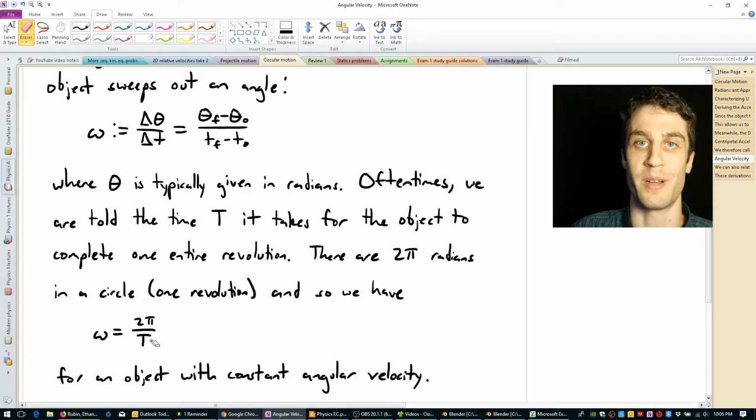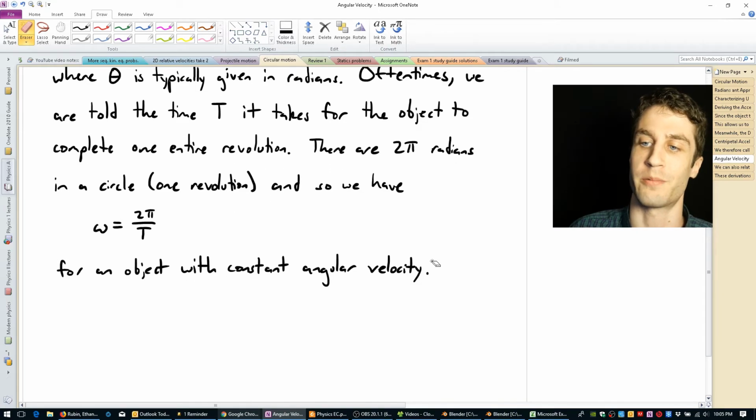You divide that by r to get the angle, and so there's 2 pi radians in an entire circle. And so basically omega is telling you, T tells you how long it takes to complete 2 pi radians, to go through one entire revolution, and omega says take that 2 pi and divide it by T.